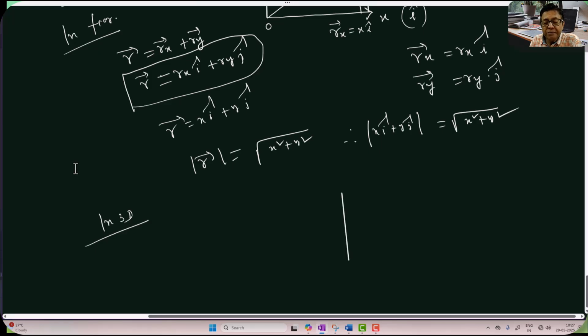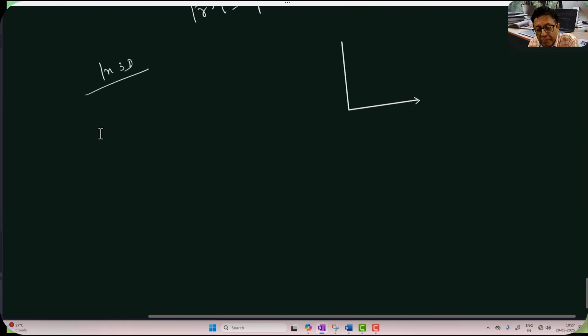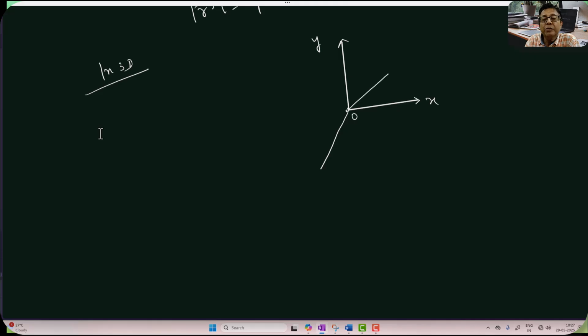In 3D what will happen? In 3D, a three-dimensional coordinate system will be there. And the vector can be slid parallel to itself, anywhere it may be. But we will be pulling the vector to start from the point O, the origin.